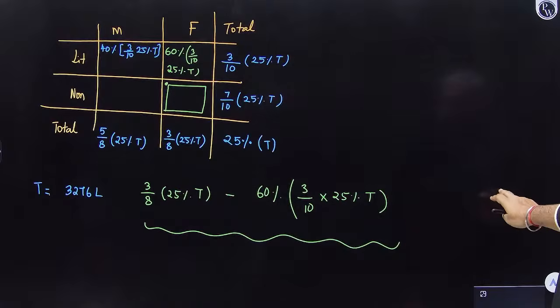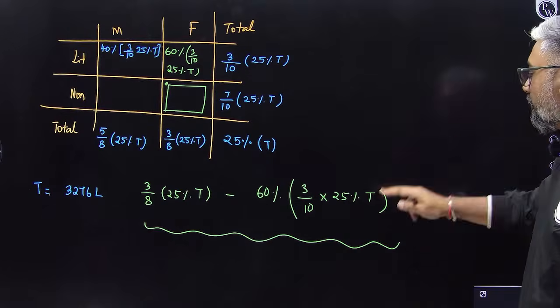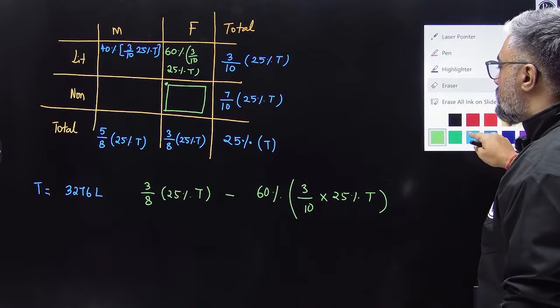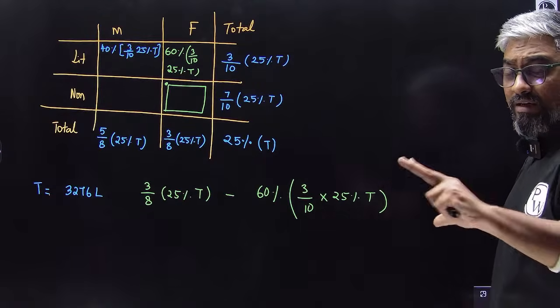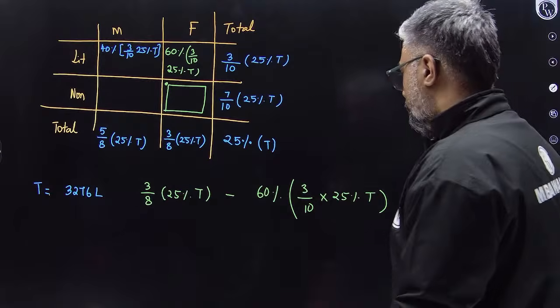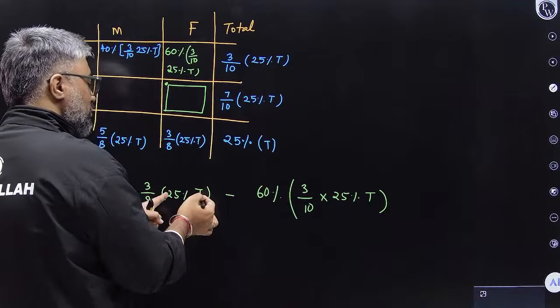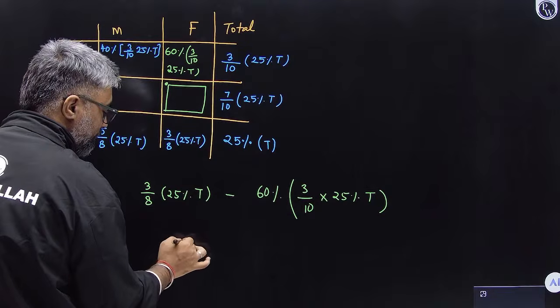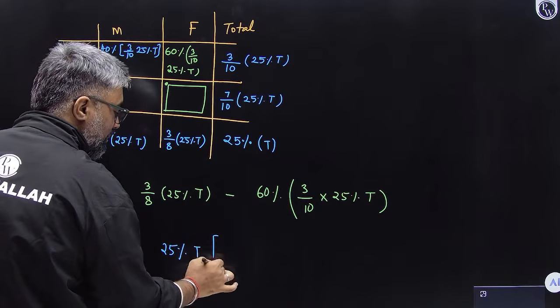Now, this also seems complicated, sir. It is not, if you look at it carefully. We'll do some cancellations beforehand. We'll take out some values common. I can take out this 25% of T common.